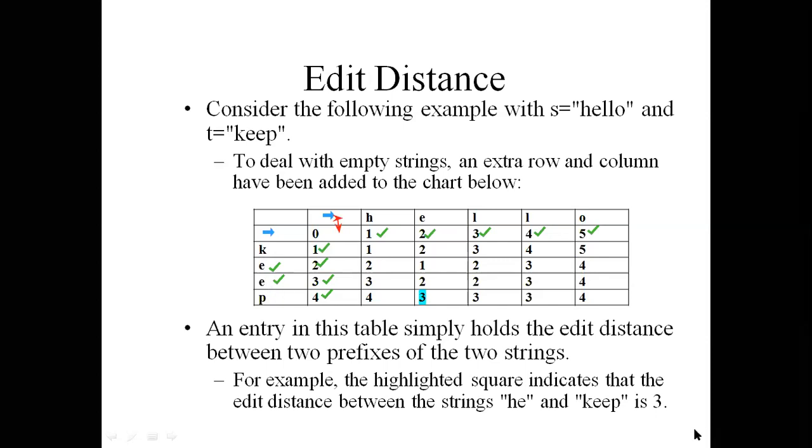So in total three operations. That is the edit distance. In this way, you need to create a table for finding the edit distance. Suppose here K and H are there.